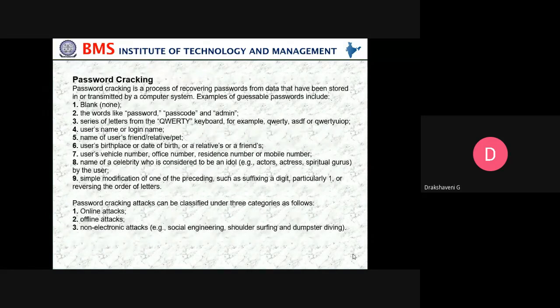Then what is password cracking? Password cracking is the process of recovering passwords from data that have been stored in or transmitted by a computer.